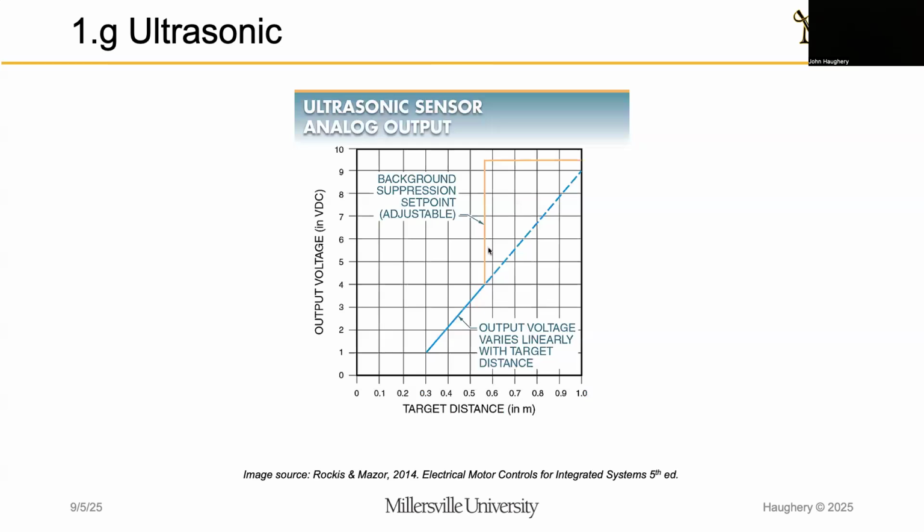So oftentimes with ultrasonic sensors, you can calibrate them to say if something is past half an inch, I don't even worry about that, or half a meter, or whatever the distance is. If it's farther than so many inches or meters, I don't care, right? So that's a way to suppress or block out something beyond a certain distance and only look at things within this distance from the sensor.